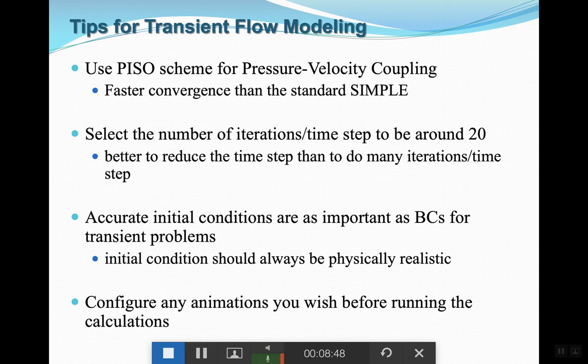So generally speaking, for a transient flow, we usually use the PISO scheme for pressure velocity coupling. Select the number of iterations per time step to be around 20. And as I said, you can go to 30, 40, 50 even.